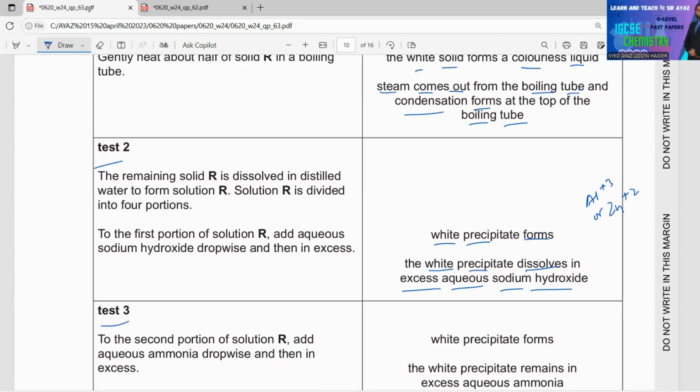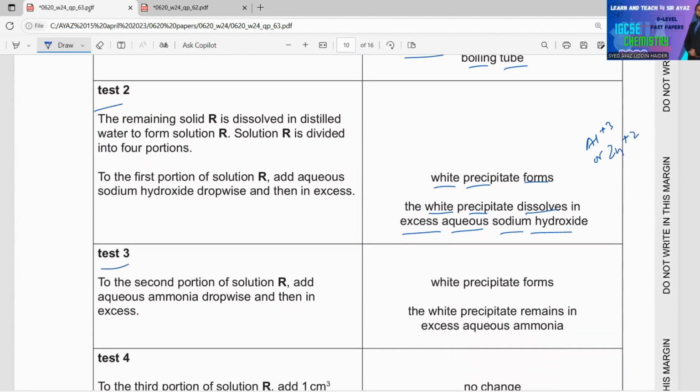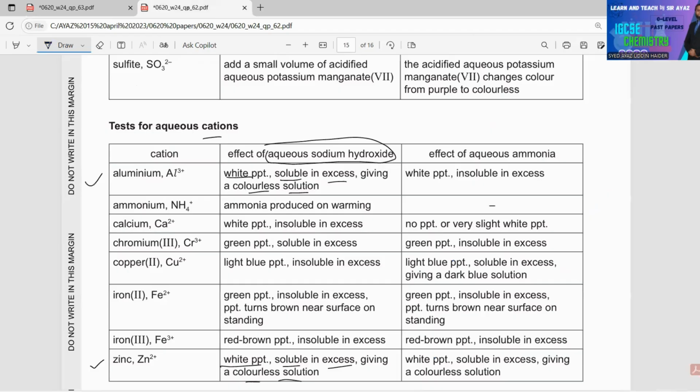Test 3. To the second portion of solution R, add aqueous ammonia dropwise and then in excess. White precipitate forms. The white precipitate remains in excess aqueous ammonia. This is also the test for the cations.